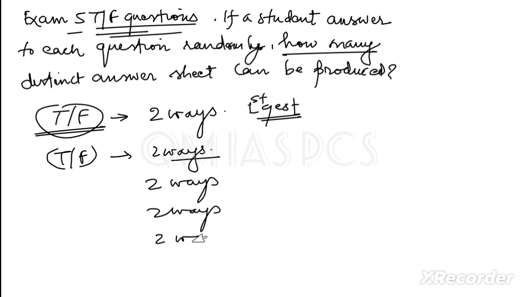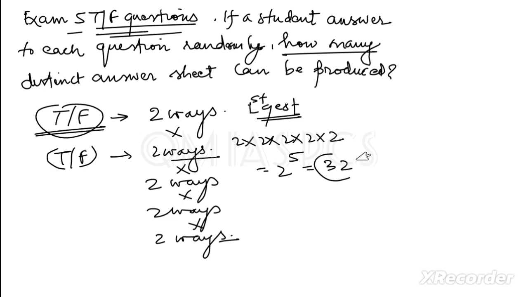How many distinct answer sheets can be produced? We multiply all the ways: 2 multiplied by 2 multiplied by 2 multiplied by 2 multiplied by 2, that is 2 to the power 5, which is equal to 32. So 32 will be your answer.